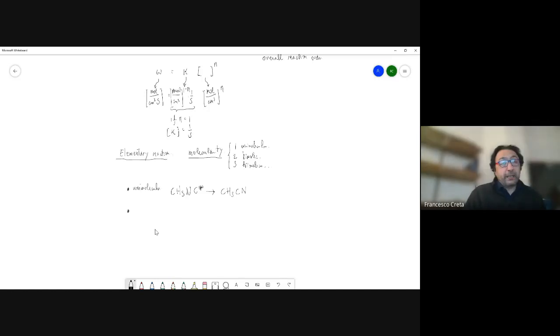You can also have things like, well, we'll see them later, but unimolecular reactions can also be called dissociation reactions. Things like, for example, I'll just give you the symbolic version, where you have essentially one molecule breaking up into two.